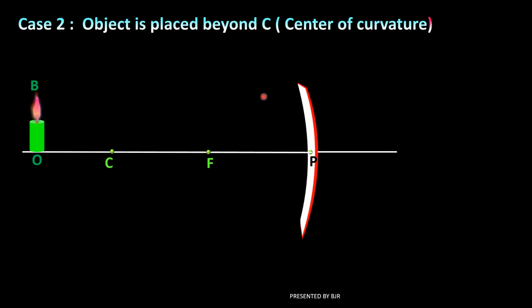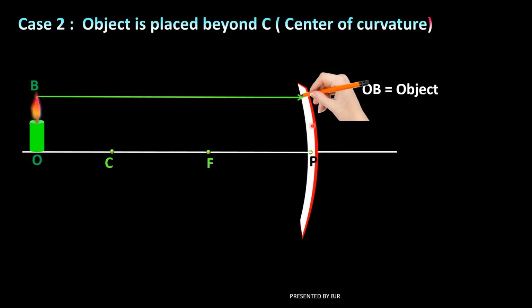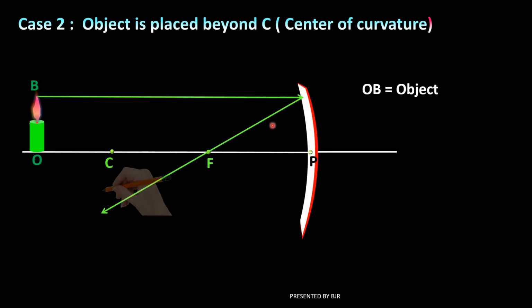OB is the object, and a ray traveling parallel to the principal axis falling on the mirror will get reflected and pass through the focal point. See here, this is the first ray I am drawing, and here it will get reflected, and the reflected ray will pass through the focal point F.